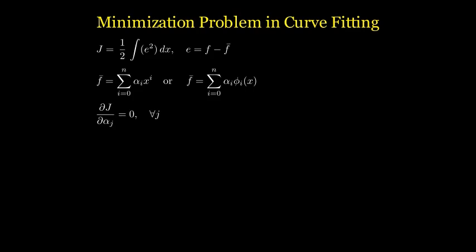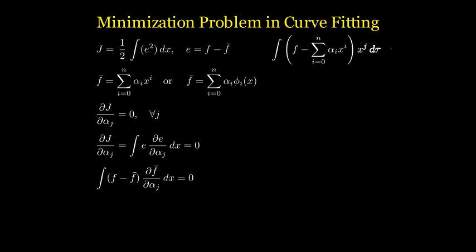Now we take the derivative of J with respect to alpha_j and set it to 0 to form the minimization problem. So extending the definition, del J by del alpha_j is the integral of E times del E by del alpha_j dx equals 0. We expand E. So now this becomes the integral of (f minus f bar) times del f bar by del alpha_j dx equals 0. Putting all these values in the discrete form, f bar is alpha_i x to the power i.